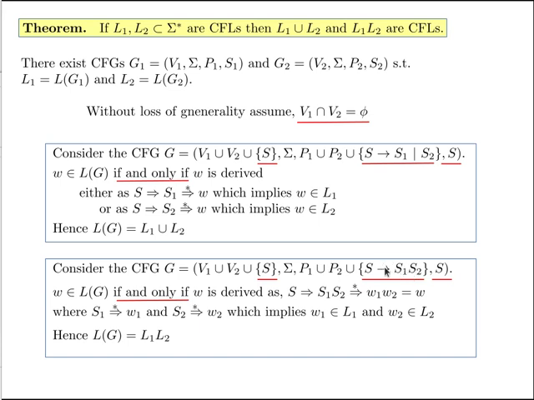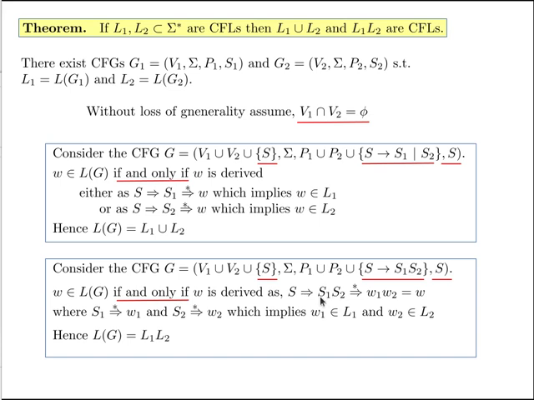And when is some string in L of G? Starting from S you have to derive this string, and from S the only production that you can apply is this one. So S goes to S1 S2, and then S1 has to expand into something, and S2 has to expand into something, right?